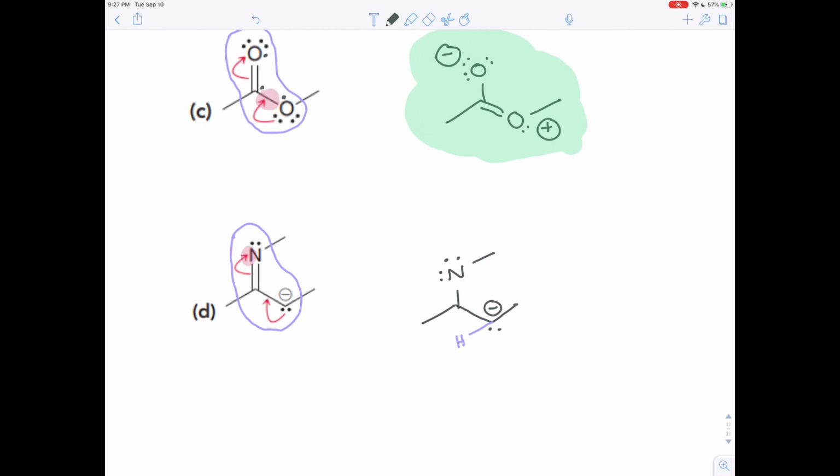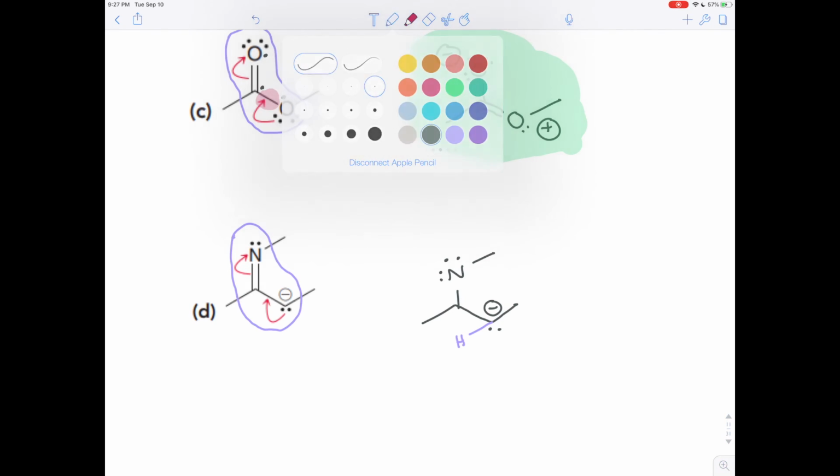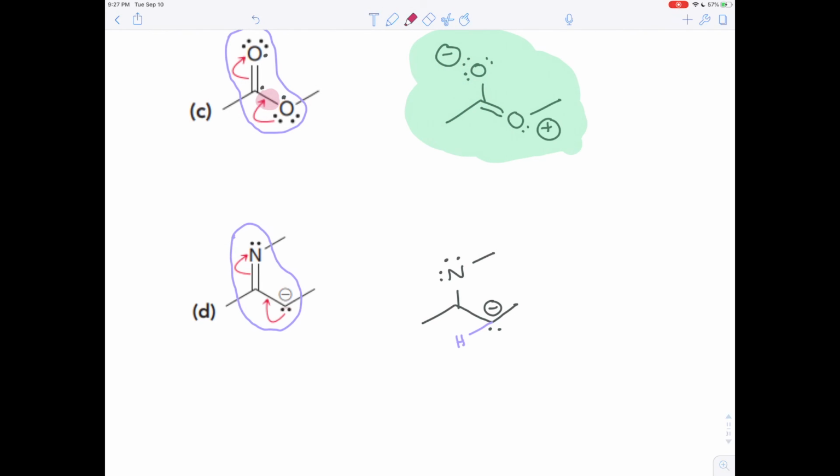If it's on an atom, then the electrons you draw are drawn as a lone pair. With the other one, anywhere the tail of a curved arrow is, electrons are moving away from, and so you erase those. Anywhere the head of a curved arrow is pointing is a place where electrons are arriving, and so you add in electrons there. If the arrow is pointing at a bond, then you draw a bond.